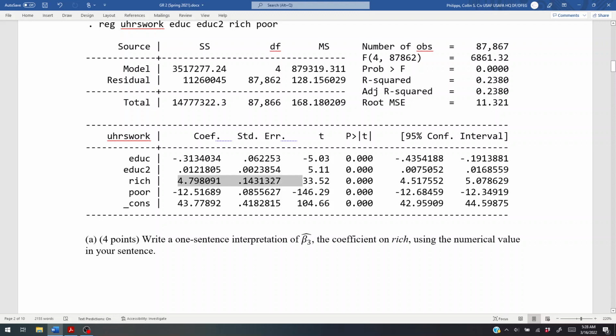Even though it looks like this thing is clearly not equal to negative 12.5, because I've got the coefficient here and the standard error here, I can compose a t-statistic to test that this thing is equal to negative 12.5. But remember, poor isn't necessarily equal to negative 12.5. These are both random. Depending on the correlation between them, imagine that the correlation is extremely negative.